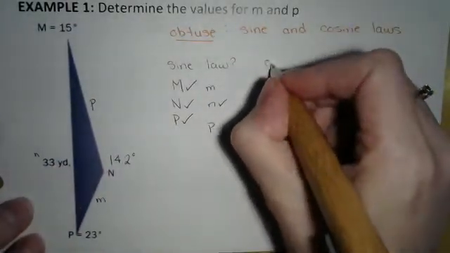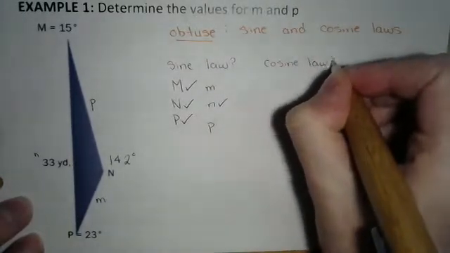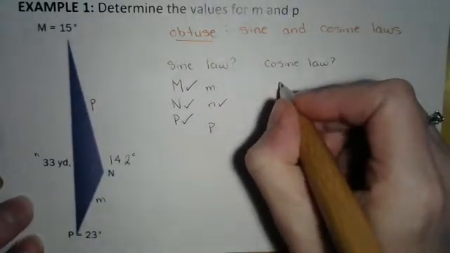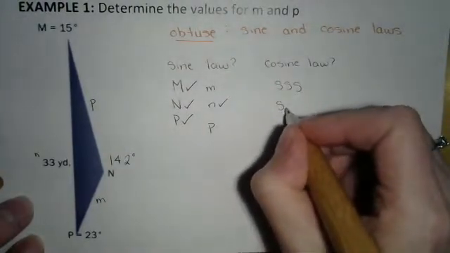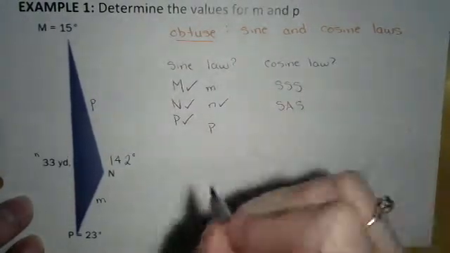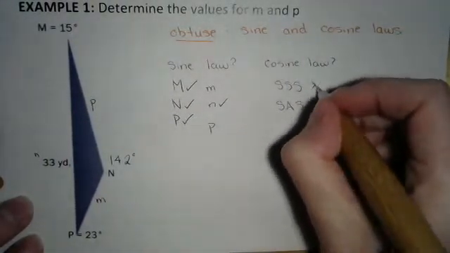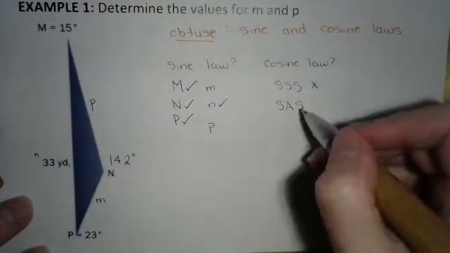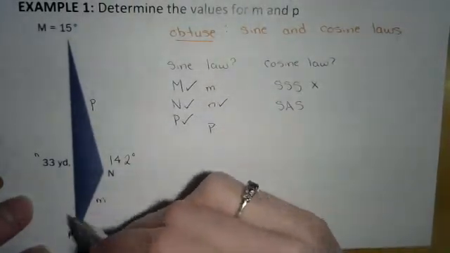And for cosine law, we need to have either side, side, side, three sides, or two sides around one angle. Do we have all three sides? No. Do we have an angle between two given sides?